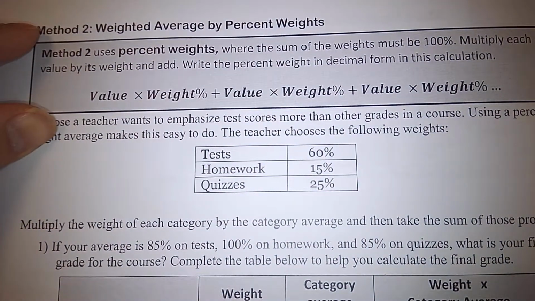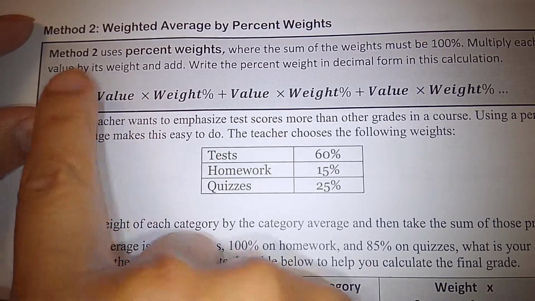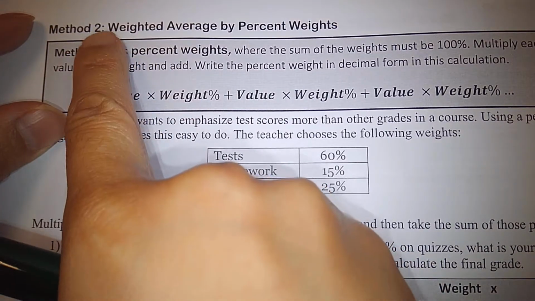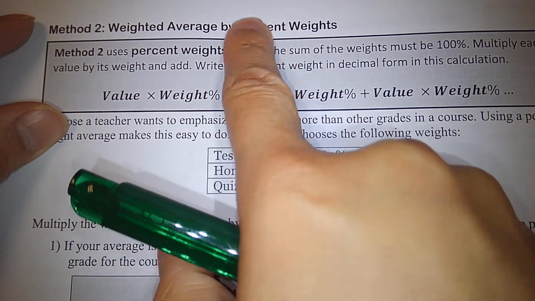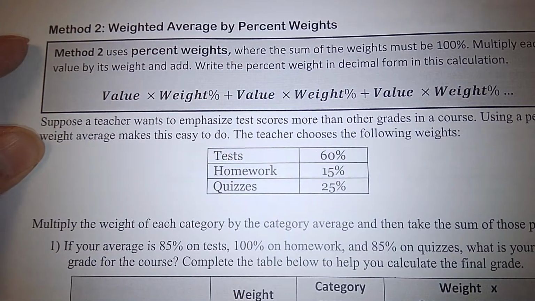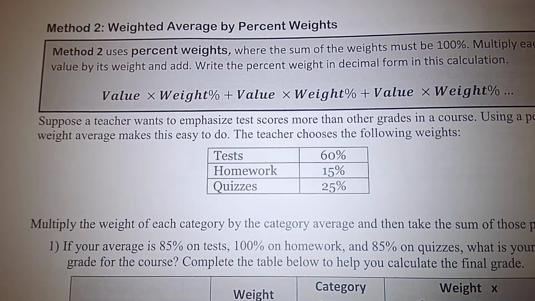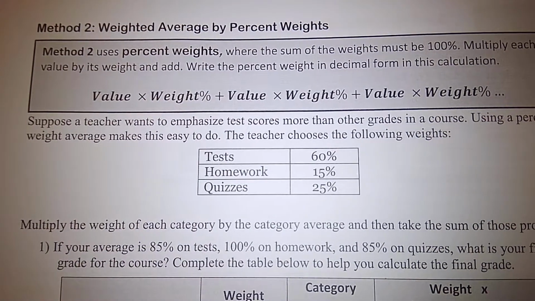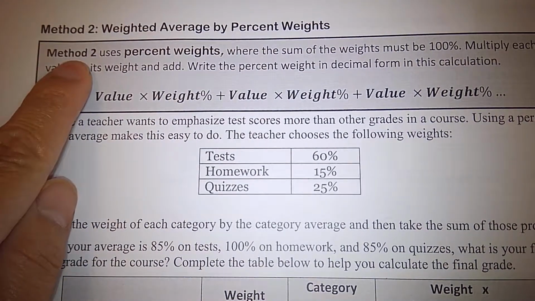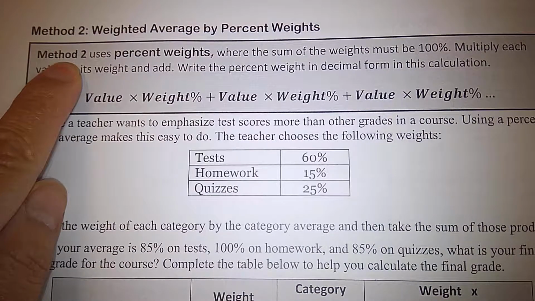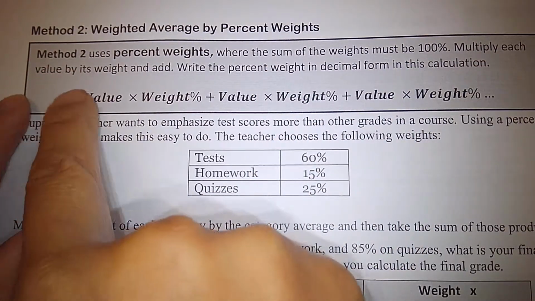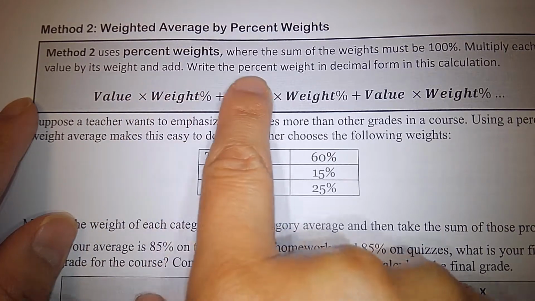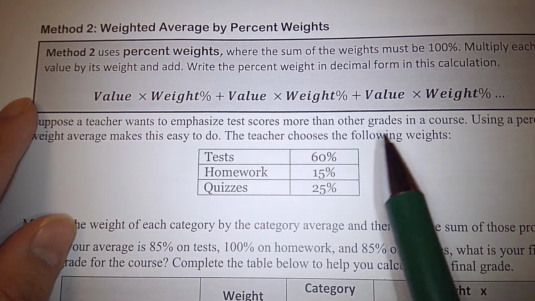So guys, let's turn to page 63. I'm going to ask a volunteer to read the second method for us: compute weighted average by percent weights. All right, Kayla? Method 2 uses percent weight, where the sum of the weights must be 100%. Multiply each value by its weight and add. Write the percent weight in decimal form in this calculation.